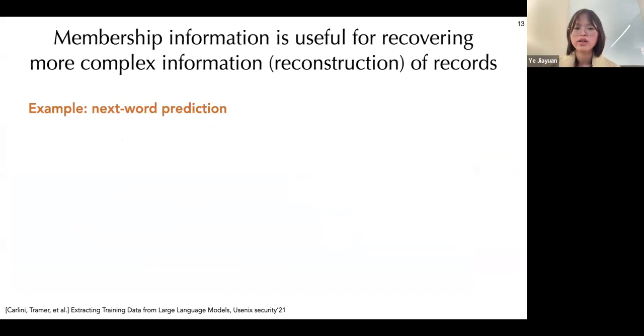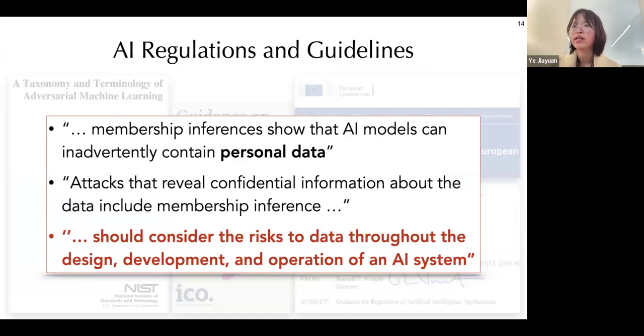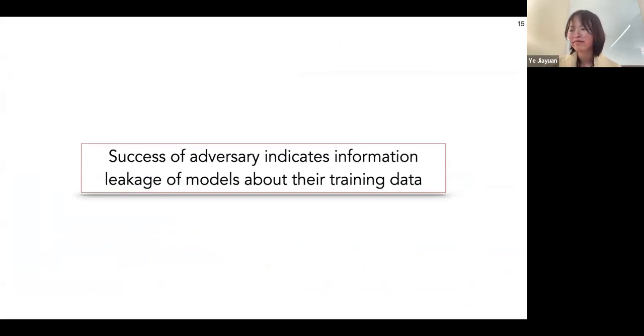And for multimodal data, it's a relatively newer research question. There are also more recent works that attack multimodal models. And there it's harder to attack because the output there is more complicated.